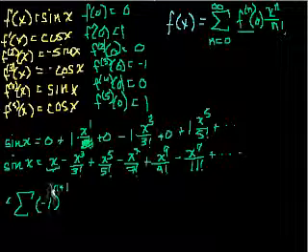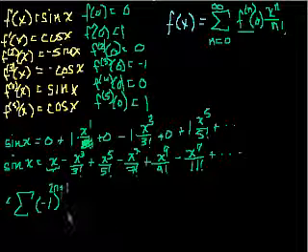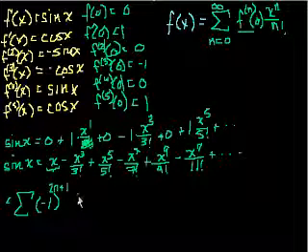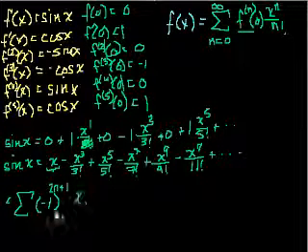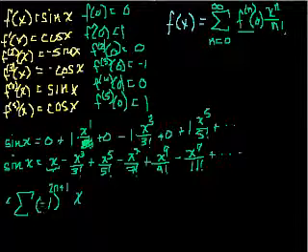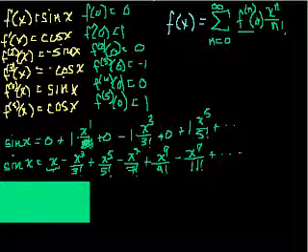It'll be to the 2n plus 1. And actually, I think I should have done that in the previous video too. I think it should have been negative 1 to the 2n, not negative 1 to the n. I'm sorry for that mistake. Oh no, sorry, I was right in the previous video. See, I'm confusing myself because I don't count the 0 terms.